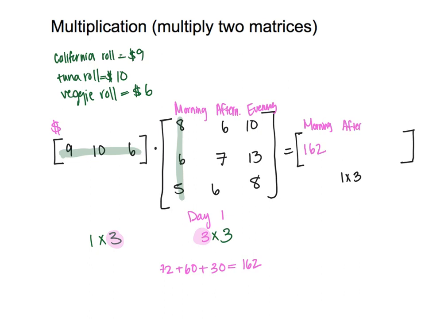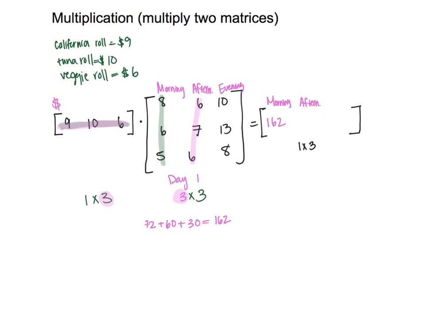And I do the exact same thing. The only thing is that I don't multiply the first row by the first column anymore. I have to multiply it by the second column. So here's what I'll do. To show this, I'm going to highlight using the pink maybe? Yeah, let's do pink. I'm going to multiply this row by this column. So in the pink, when I multiply, I have, let's scoot this back just a bit.